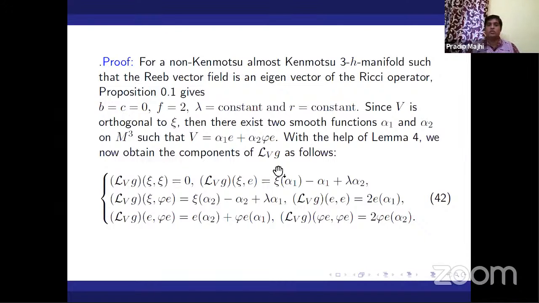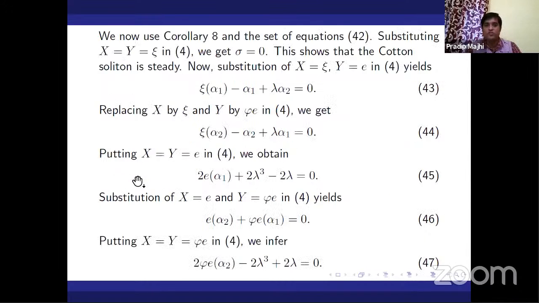So if we use this first component in the definition of Cotton soliton, that is equation 4, we get sigma equals 0. And sigma equals 0 means the Cotton soliton is steady, right?